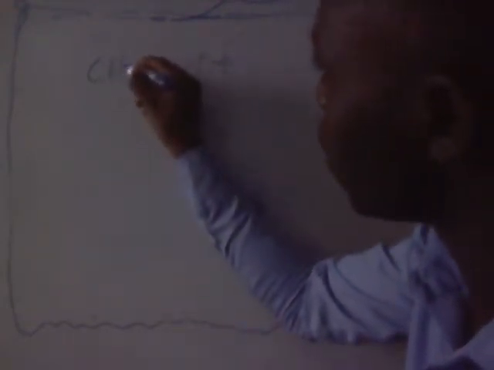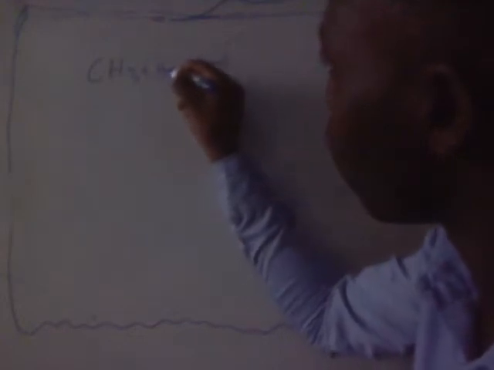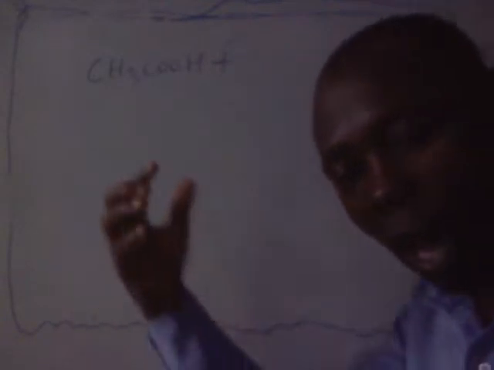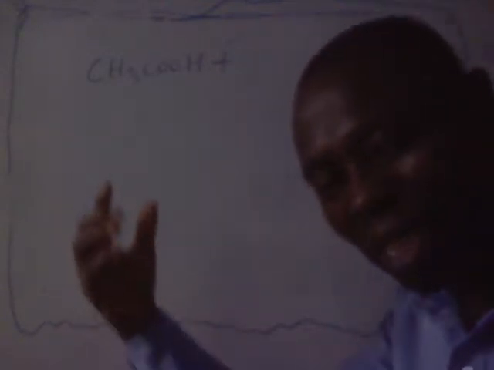That's ethanoic acid. Ethanoic acid reacts with, that is, CH3COOH plus... a good example of alkanol is ethanol. Ethanol is the second member of the alkanol homologous series. So alkanol, that's C2H5OH.